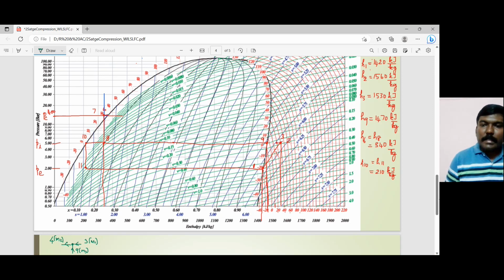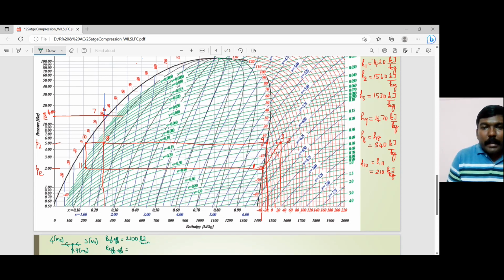But now the question is, I don't know any of these masses, isn't it? So I have to first find out the mass M1. What they have given us in the problem is the refrigeration effect: 10 ton of refrigeration, say 2100 kilojoule per minute. Can I find out the refrigeration effect from the enthalpy values which I have got? Yes.